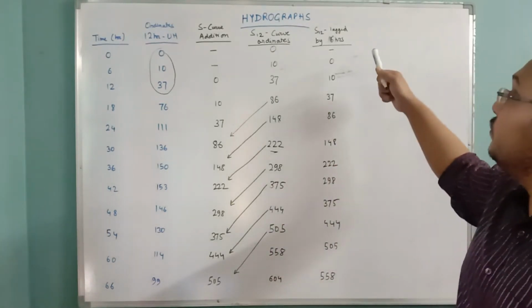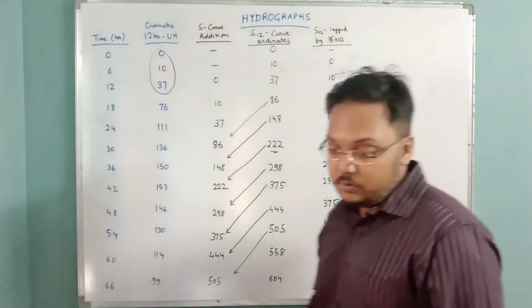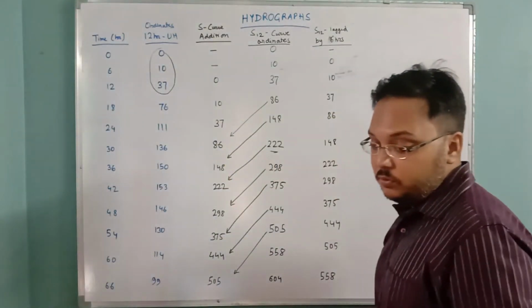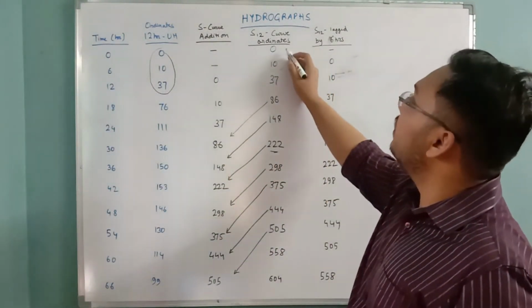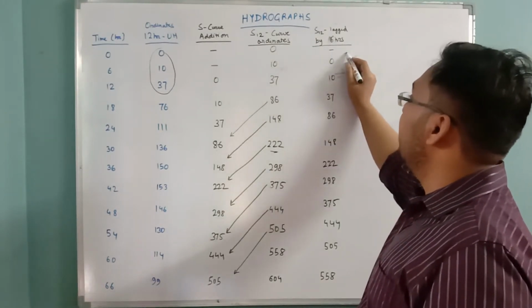So we now have the S12 curve that is lagged by 6 hours. Next thing is what we are going to do. This is our S12 curve ordinates and this is the lagged ordinates.